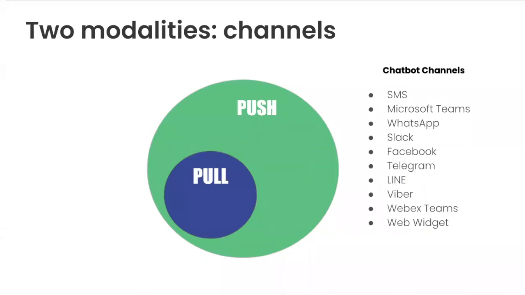And so having a chatbot on a modality where you have a persistent connection with the learner enables you to have the push functionality. So things like SMS, things like WhatsApp, things like Microsoft Teams installed on my phone, where I can receive a message.